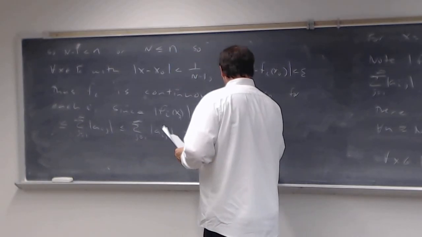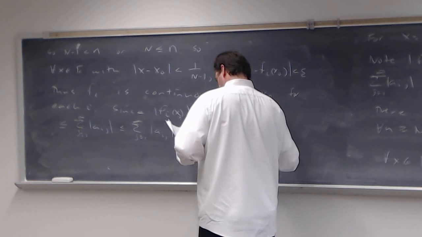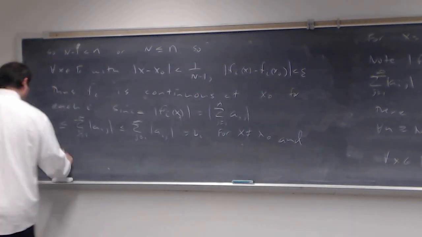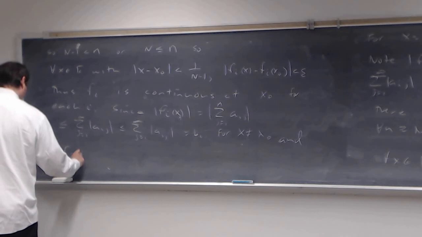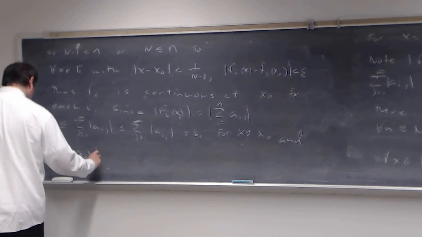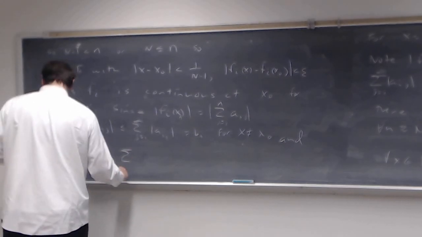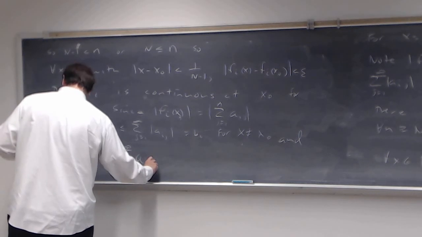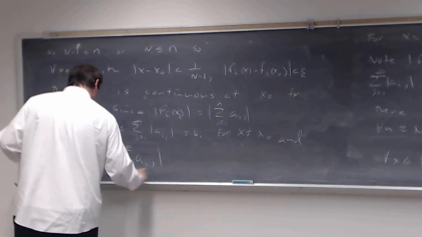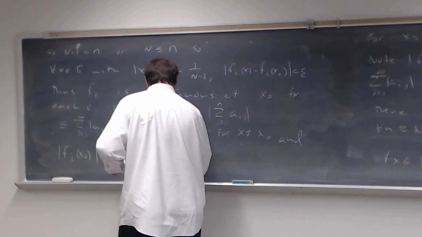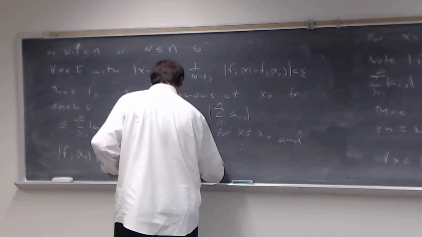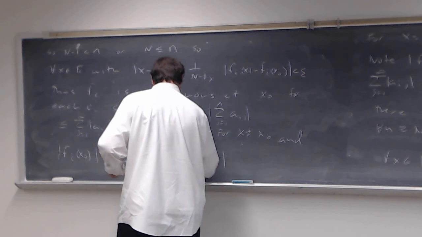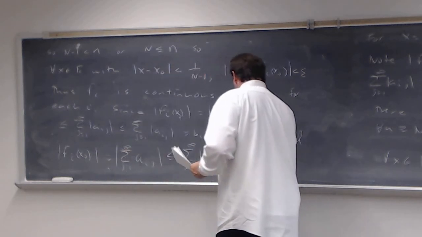and f sub i of x naught is equal to the absolute value of the sum as j runs from 1 to infinity of a sub ij, which is less than or equal to the sum of the absolute values of the a sub ij's as j runs from 1 to infinity, which equals the b sub i's.